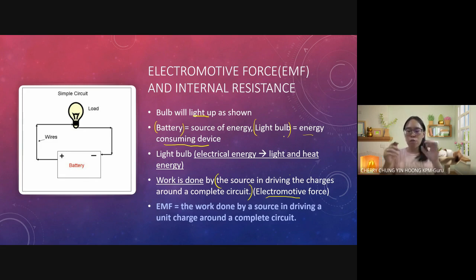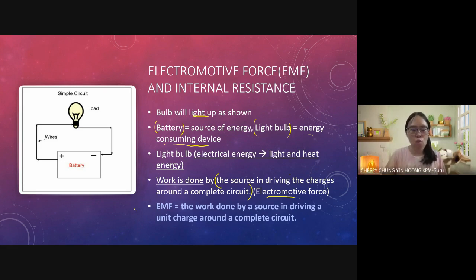Okay, if you remember the potential difference, the definition, okay, potential difference 的 definition 也是 work done, okay, 可是它 work done, okay, to move a coulomb of charge, okay, from one point to another point in a closed circuit.